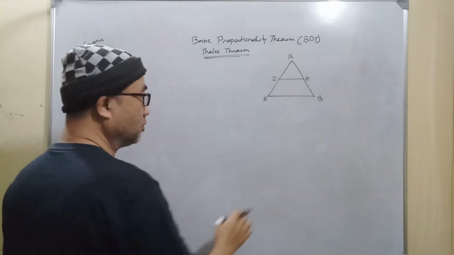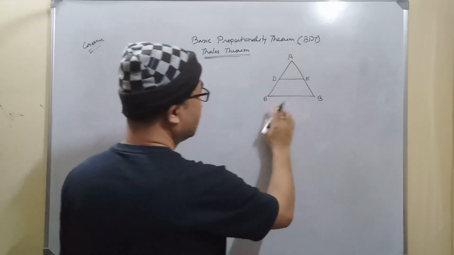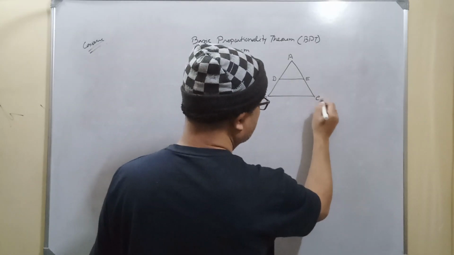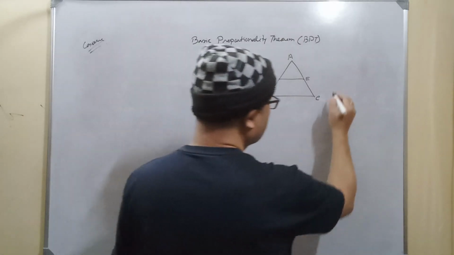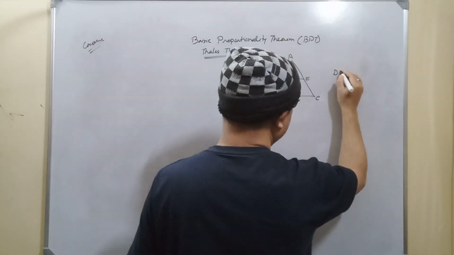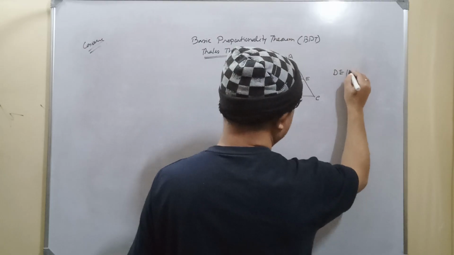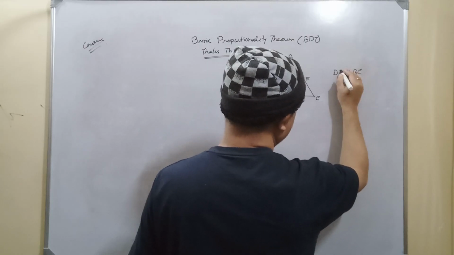So we have to prove that DE is parallel to BC. This is what we have to prove.